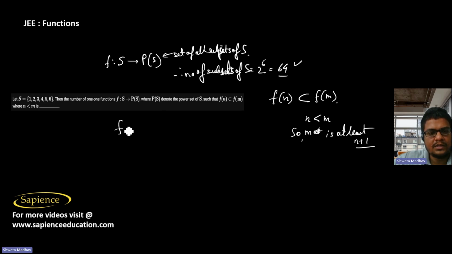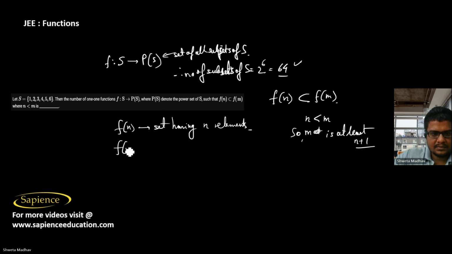So now if we say that f of n is a set having n elements, then it means f of n plus 1 is a set having n plus 1 elements.